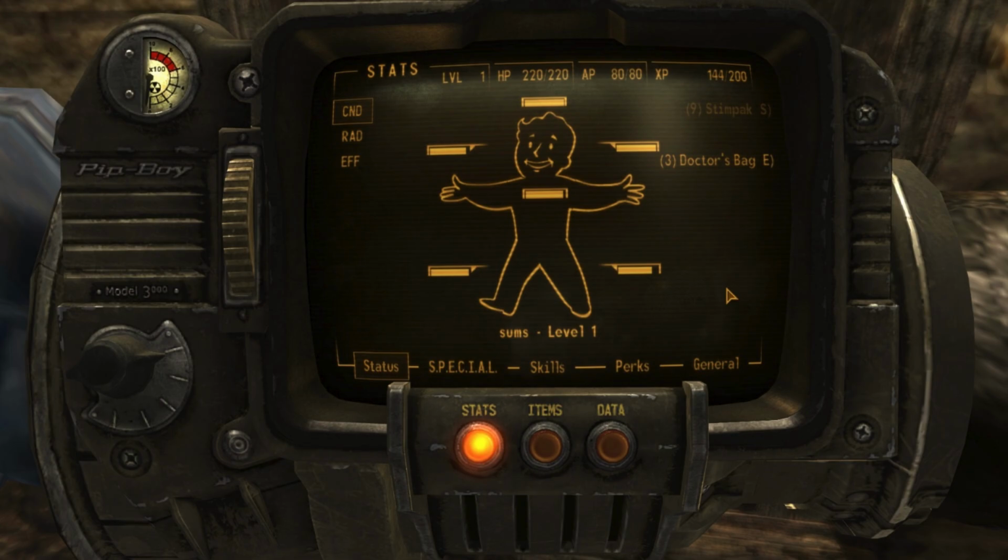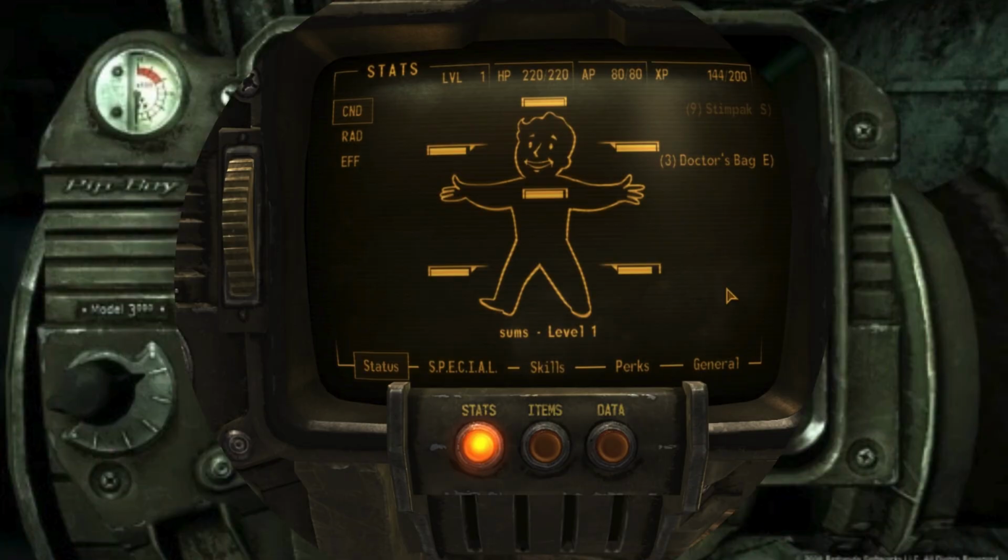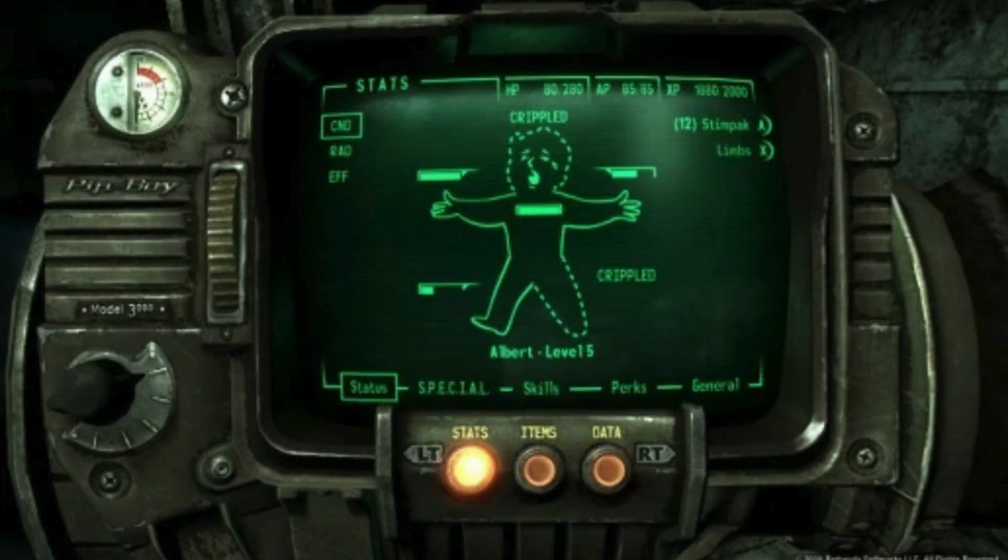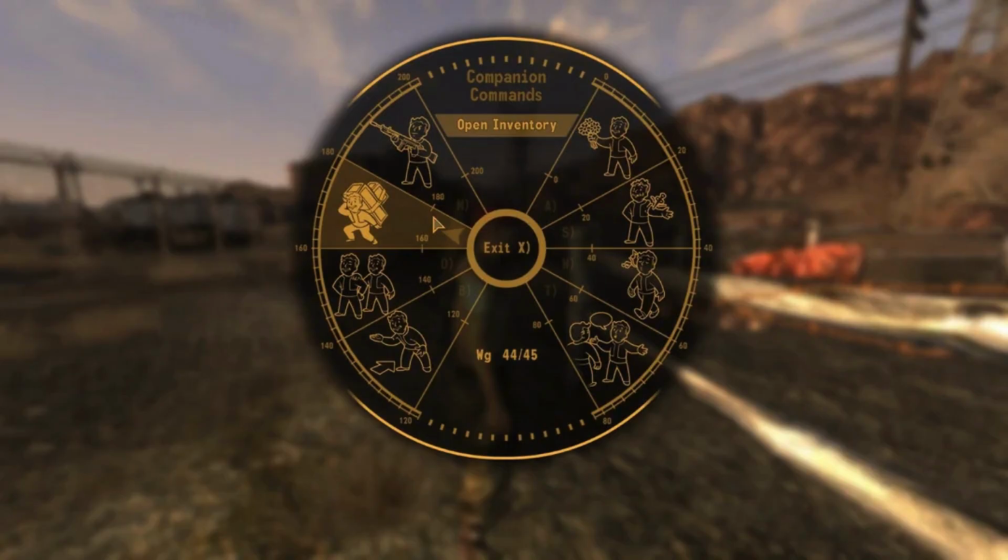Each attribute has a current state. Dynamic states are vital. A limb being crippled severely impacts all physical actions. A companion, such as Boone, might enter a waiting state or a dismissed state.